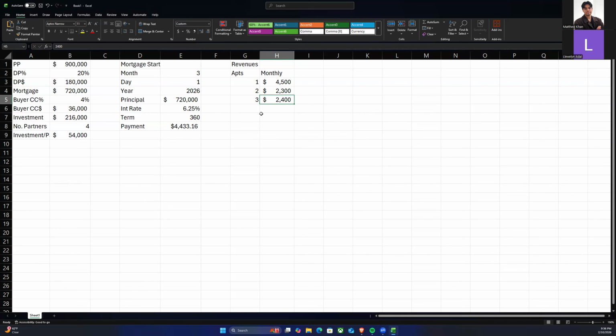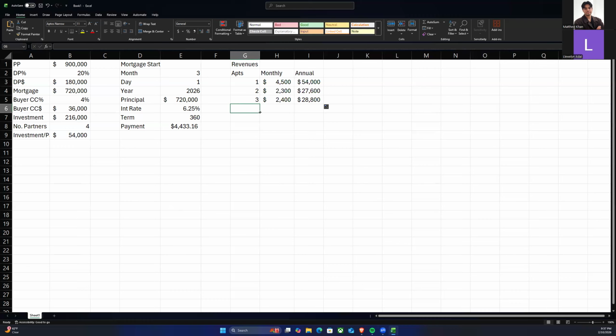Okay, so we also need the annual. So go over to the right side of monthly and type in annual, and just multiply everything by 12. Now we want totals at the bottom of all those.